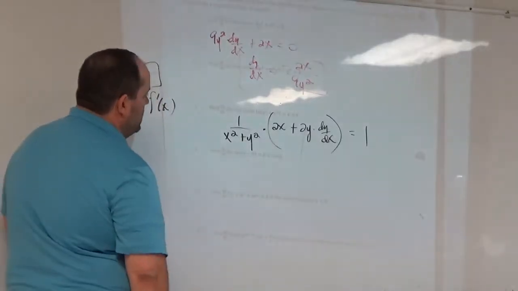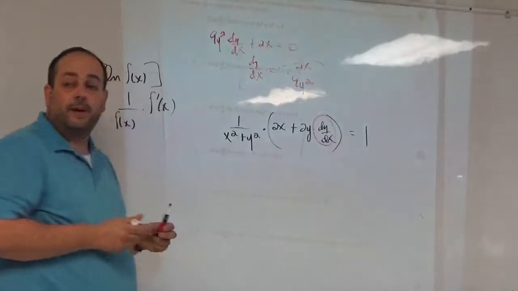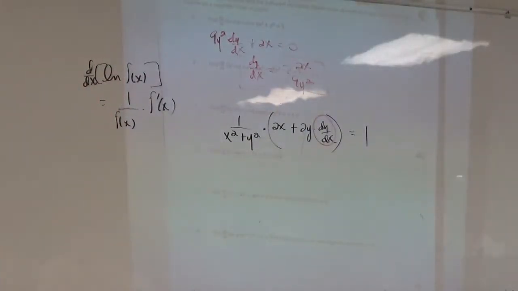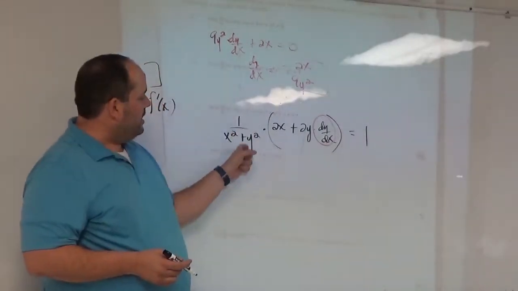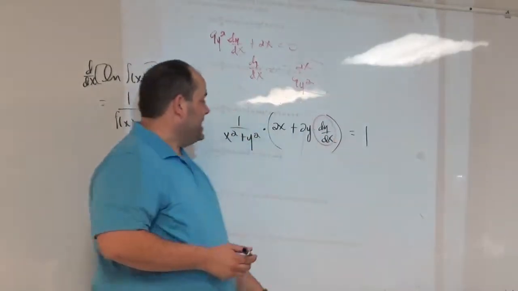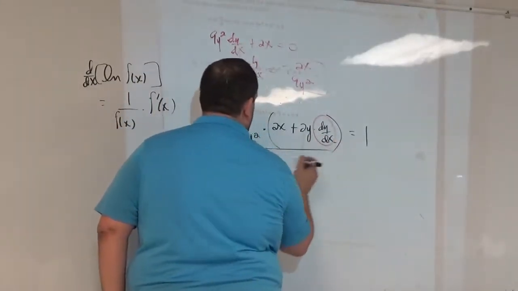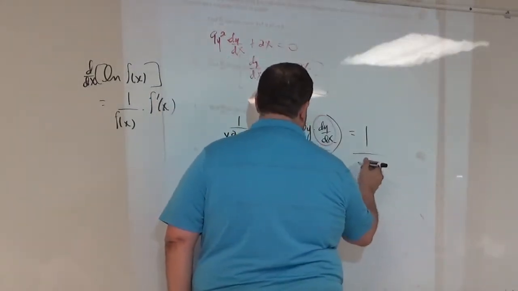Now, here's the thing. Your goal is to get dy dx by itself. You've got to solve for dy dx. All we need is some algebra. You could do the onion method, like we're going to undo things. How about if we do this? 1 over x squared plus y squared times all this equals 1. What if I divided both sides by 1 over x squared plus y squared?